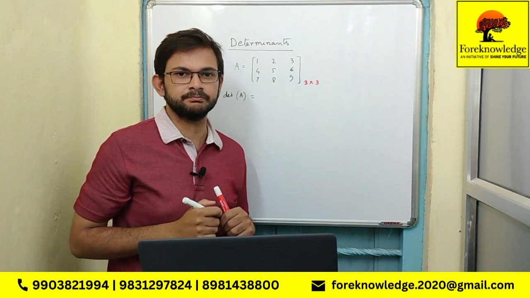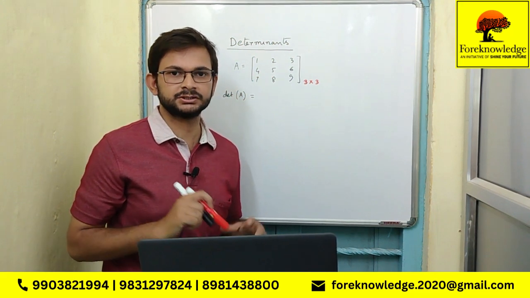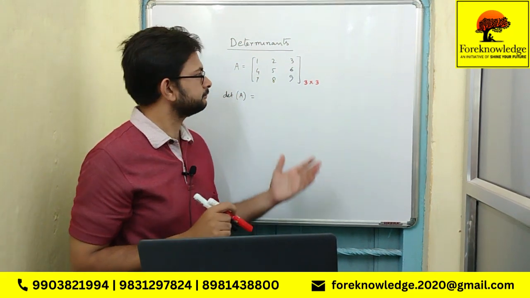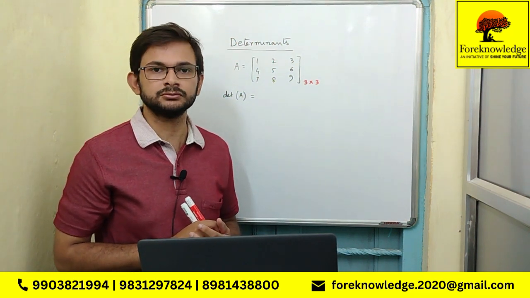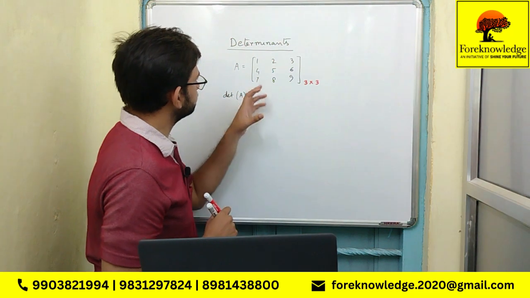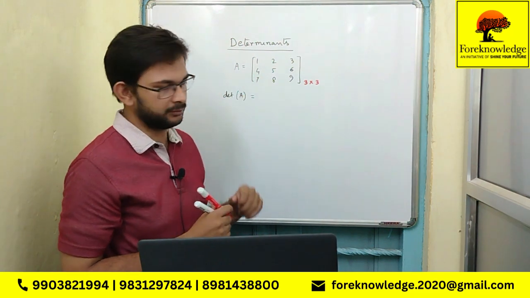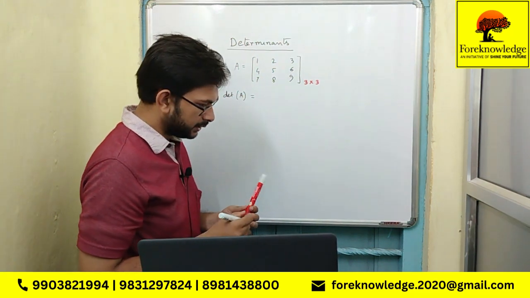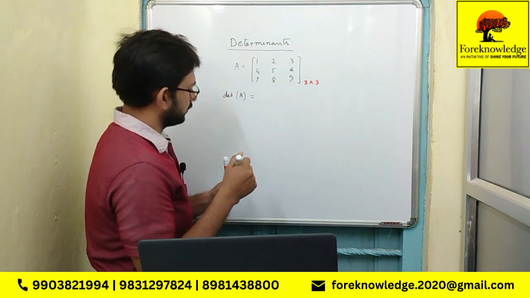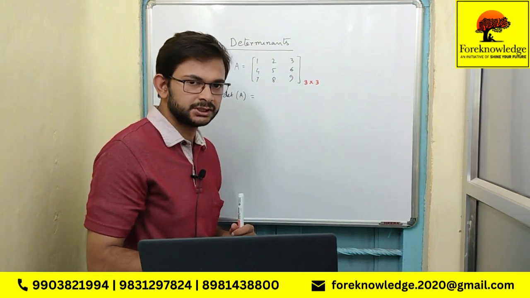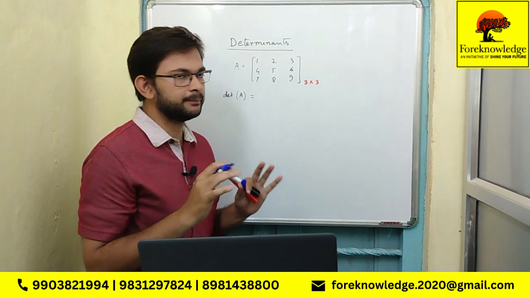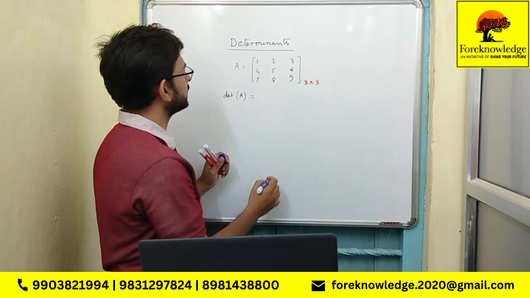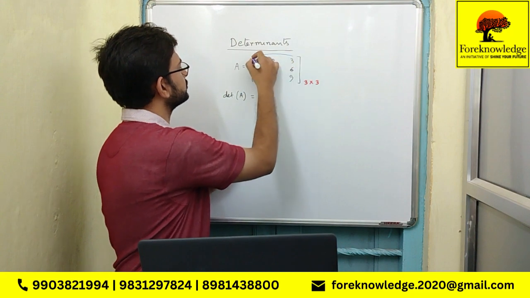It's not that simple, like the one we did in the case of a 2 cross 2 matrix. So understand the matter. First, you have to select a single row or a single column in the beginning. Suppose we are considering the first row.